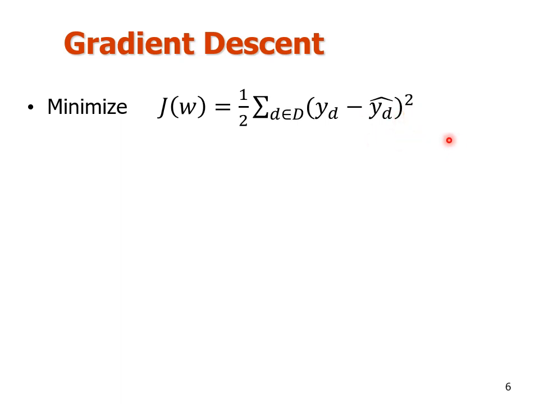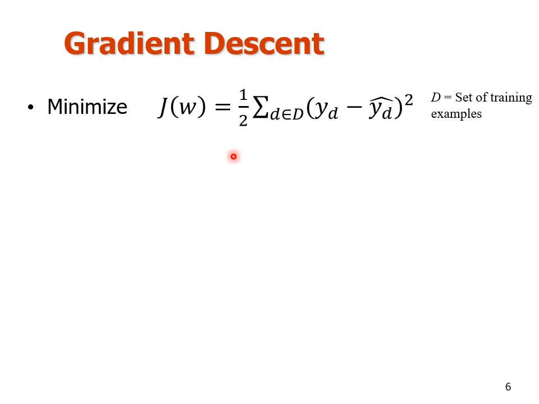So, here capital D is the set of training examples, small d is an individual sample in the training set, yd denotes the actual label associated with sample d, and yd hat is the observed label of sample d, and we are finding the sum of squared error as the cost function J of w.